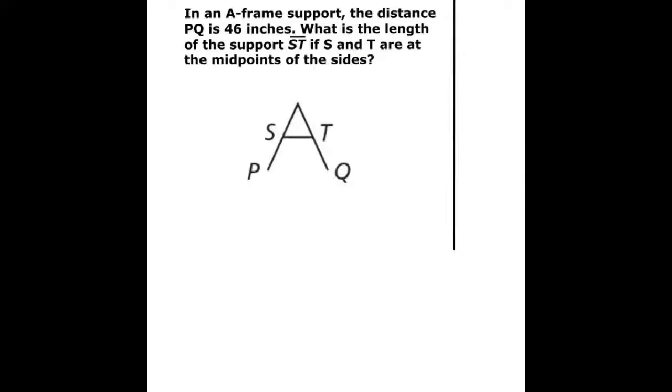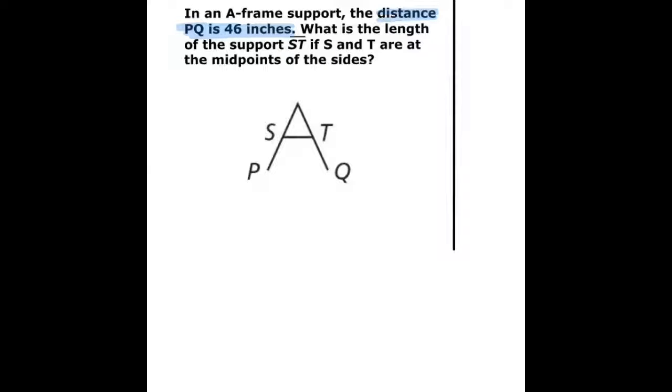All right, our last example is sort of a real-world application problem, and the only reason it's slightly more confusing than what we've done is that there are some things not marked here. This is an A-frame support. It just kind of looks like a ladder with a line in the middle. Part of what's confusing is that they're giving us information that doesn't match the picture. For example, they talk about the distance PQ being 46 inches.